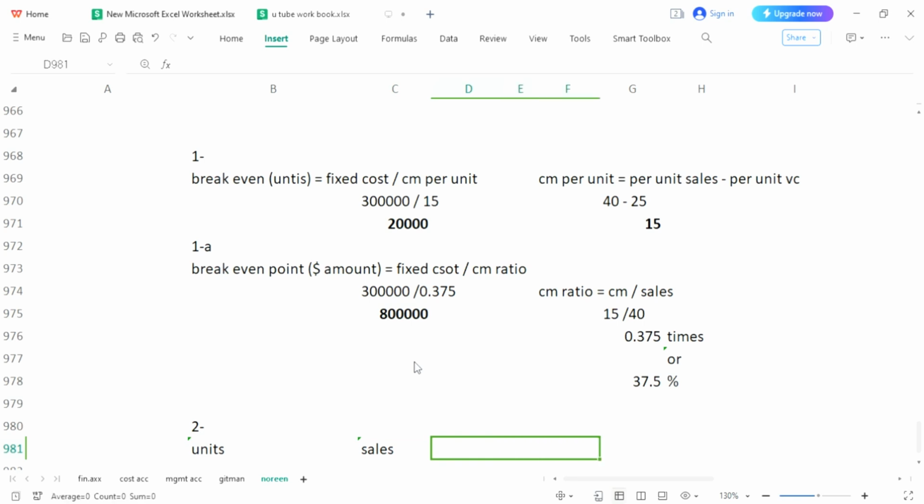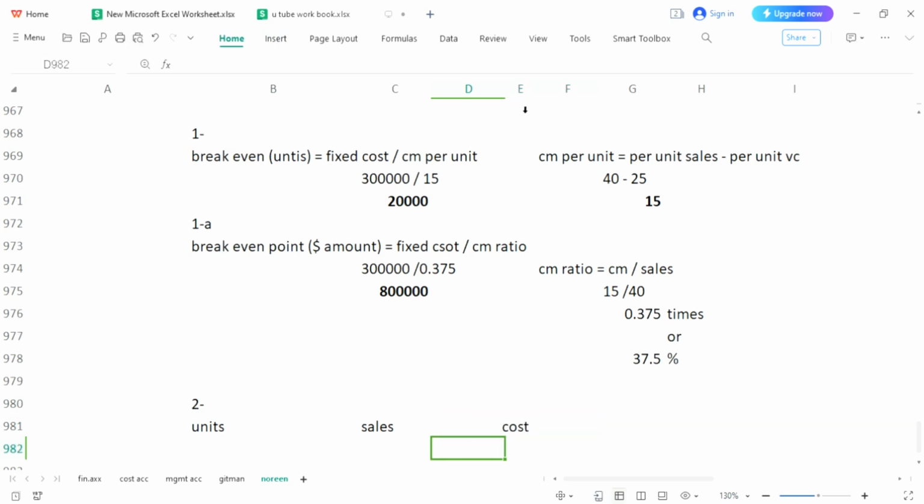after which you will see your cost, and as you know, cost includes two basic factors. If it is cost, then it must have fixed cost, then variable cost, and finally you will see the total cost.